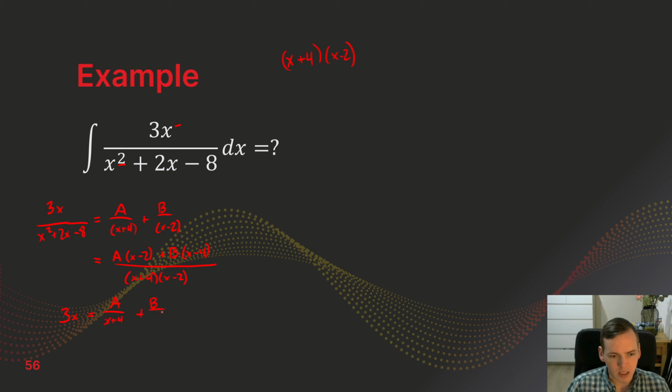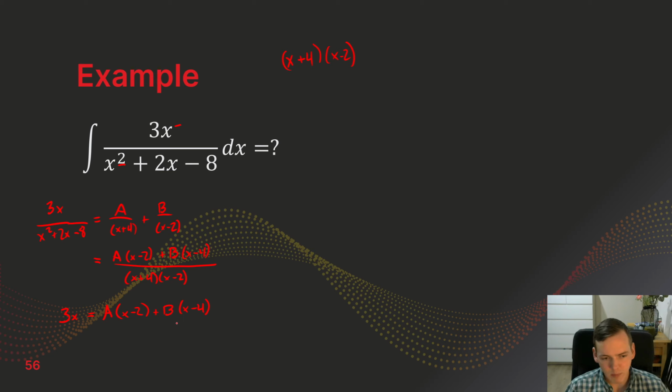Those denominators shouldn't be there because we canceled them out. It should just be 3x equals A times x minus 2 plus B times x plus 4. Now it's just a matter of finding out what A and B are.